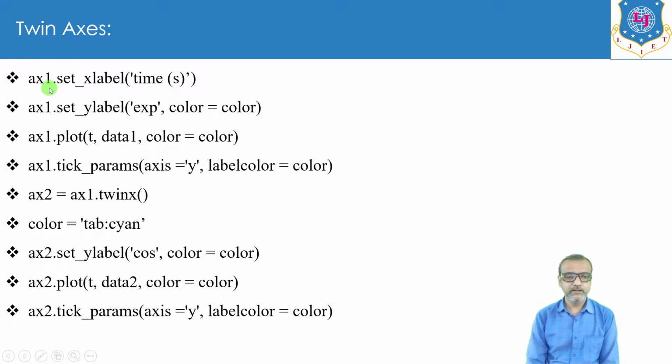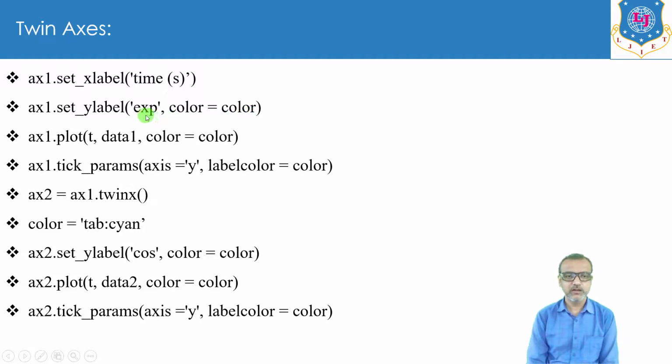Now in the ax1 subplot we are going to have the x label as time (s). With the help of this command we have the y label as exp, and its color is color, and we have already defined color as orange.